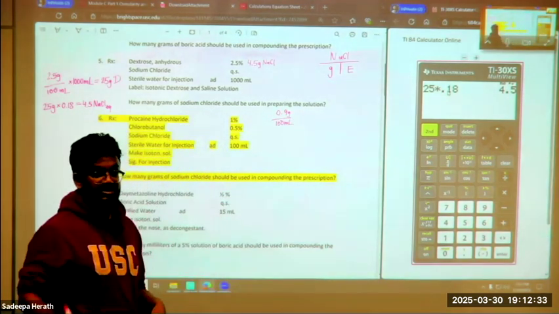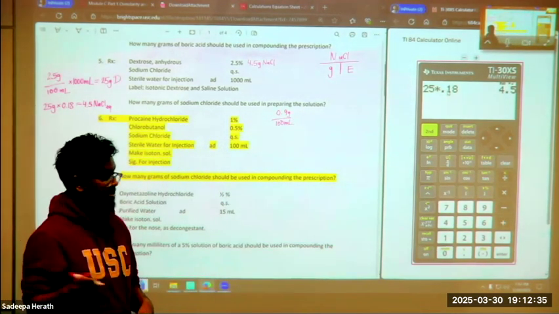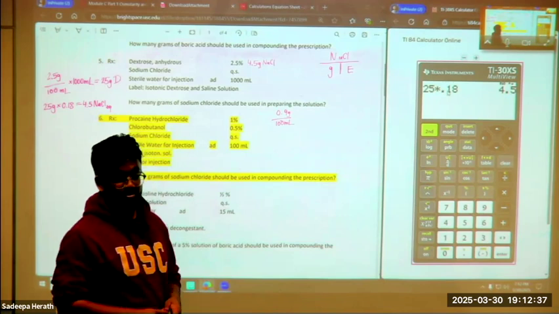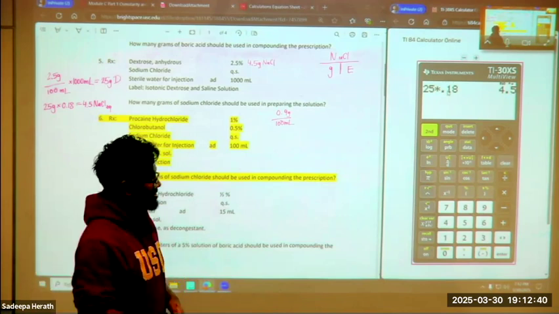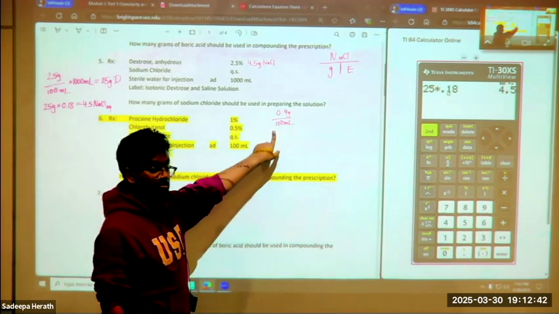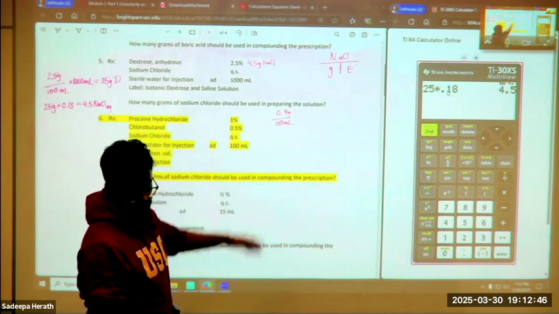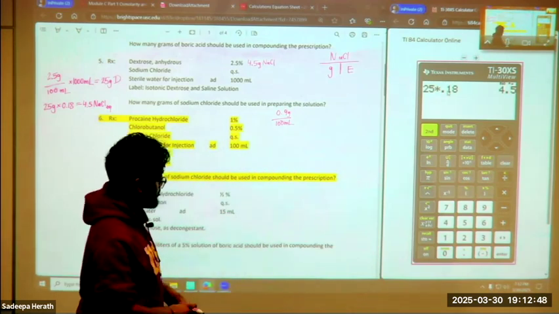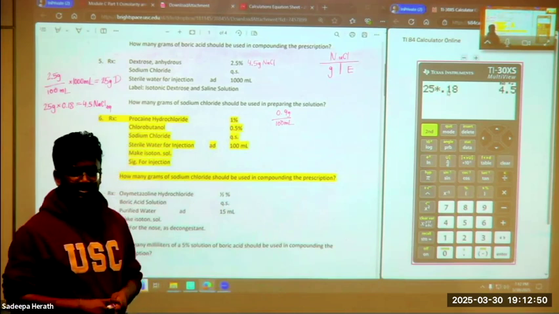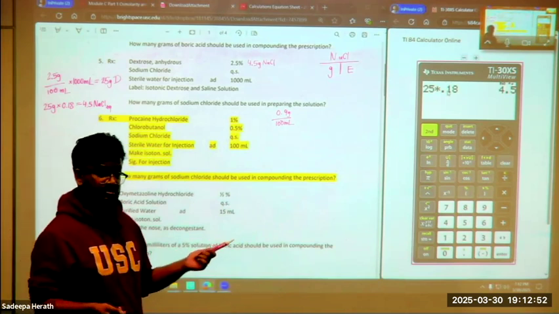In the slides, you might have seen that in different ways. You might have seen it as 9 grams per 1,000 ml. You might have seen its fully divided form as 0.009 grams per ml. You can write it out any way you want. I just write it out like this because it's easier for me to recognize it as a percent later on.